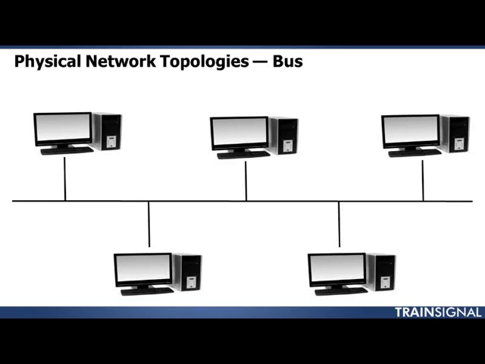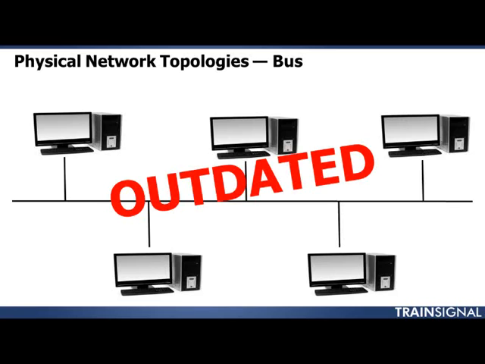Now the very first thing I will tell you about the bus topology is that it's semi-outdated. It's not that you never would see the bus topology anymore. You do see it in some places, but for the most part, this is an older topology, and one of the reasons is the type of cabling that is typically used in the bus topology.